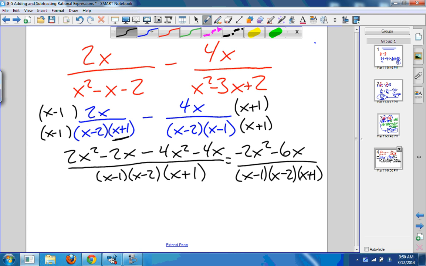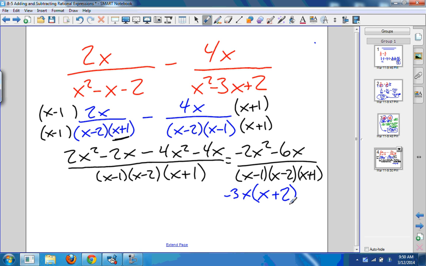So let's do that. I'm going to pull a negative 3 out of the top here. And they both have an x in common as well. So I can pull out a negative 3x. Negative 3x times x. Oh, that's not right. Didn't do that right. Let's see.